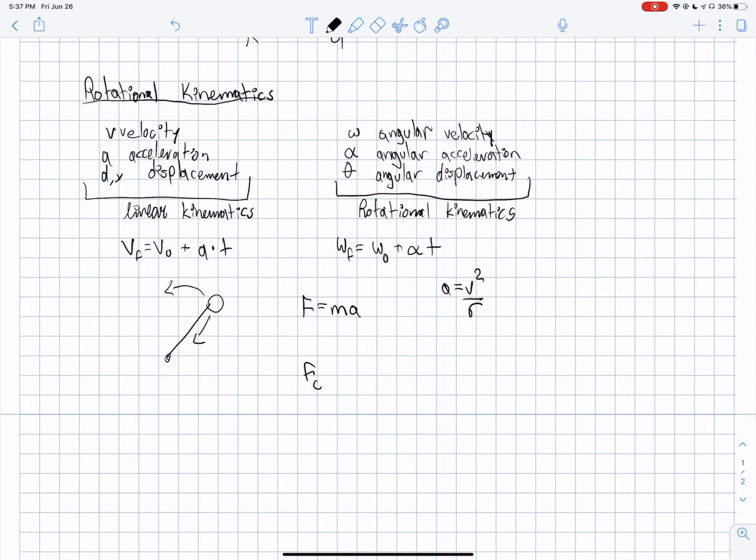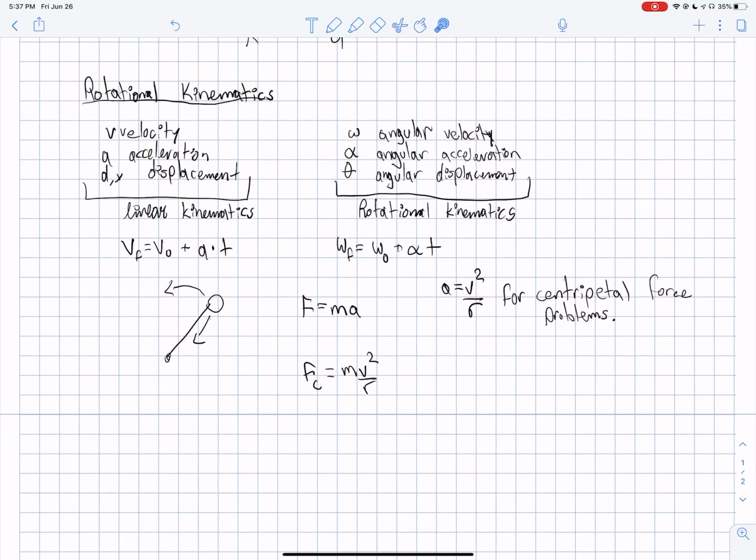And this is the case for centripetal force problems. So then our F is equal to ma equation is going to become F is equal to mv squared over r. And this is the equation for centripetal force.